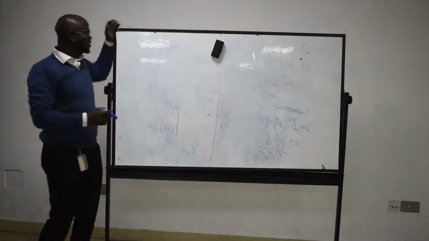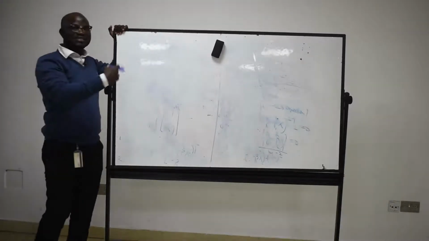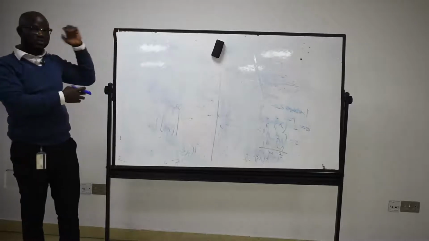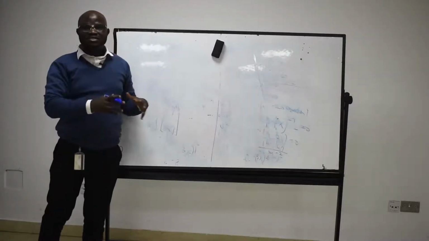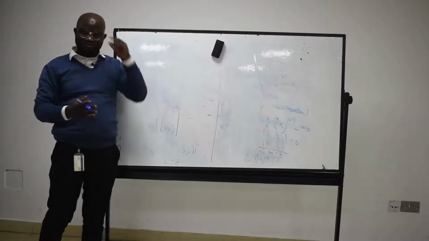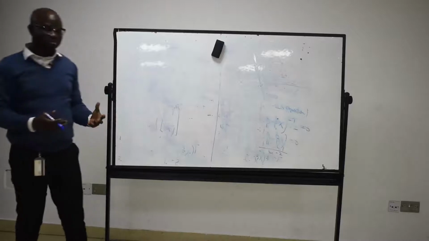Hello class. So now how do we get the derivation formula? In the last class we talked about simple linear regression analysis using the actual formula of the parameter. So how do we get the derivation formula?